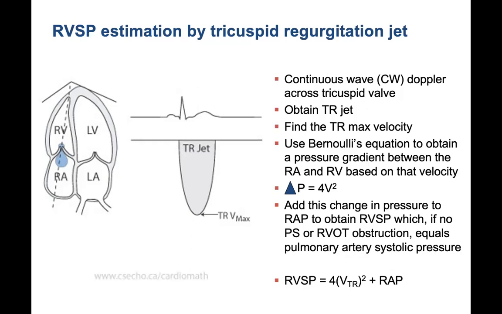If the patient's ventilated, maybe you can get a CVP off a central line, or you can type in different CVP examples and see, or you can do your IVC and hope that it's somewhat accurate. And again, once you add this change in pressure to the right atrial pressure, you'll get your RVSP, which if you don't have any pulmonic stenosis or RVOT obstruction, is going to be your PA pressure. So again, your RVSP is going to be that velocity squared times 4, the computer will calculate it, plus your right atrial pressure.